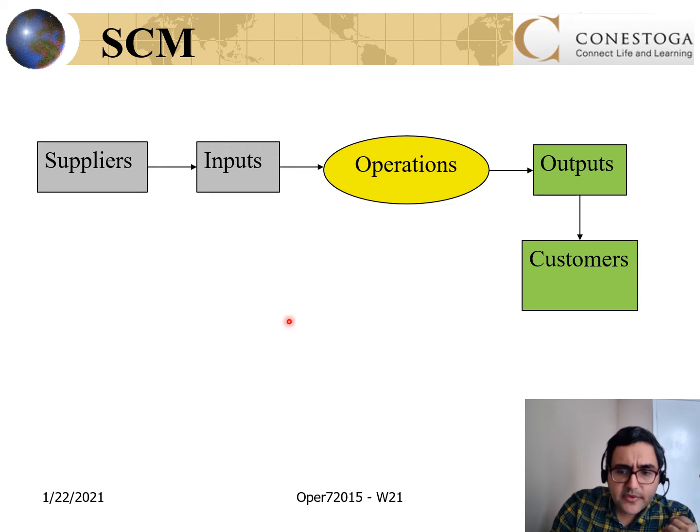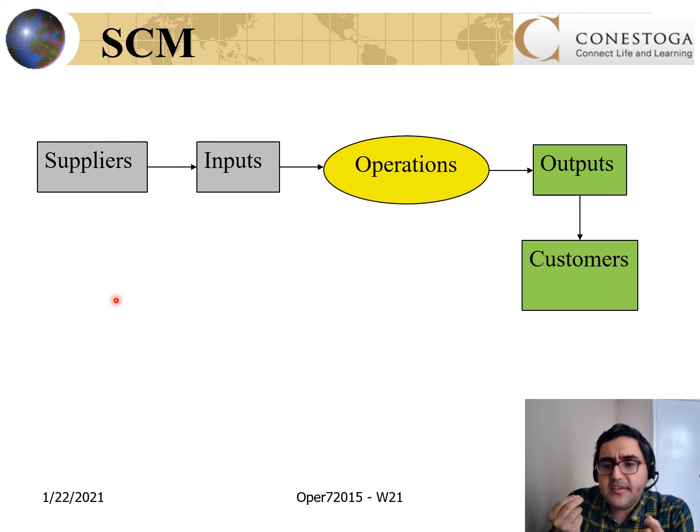So think of a car manufacturing company, like say Toyota. It will get different raw materials from various suppliers. Some examples could be steel, tires, engines, glass, seats, electronics, and so on.